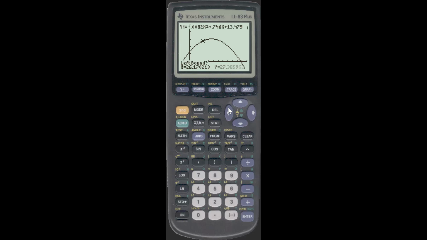All right. So we're going to go all the way to the left here. Actually, we don't have enough room. So we need to go back to our window. We're going to have to make one more adjustment to our window. We're going to change our y min to -50.